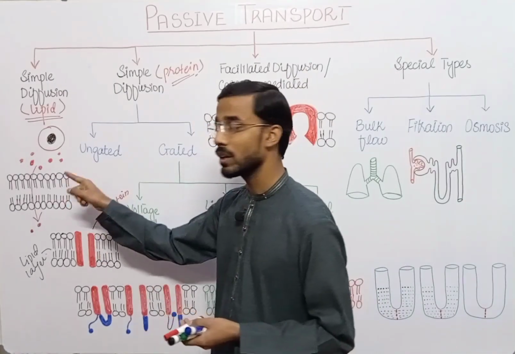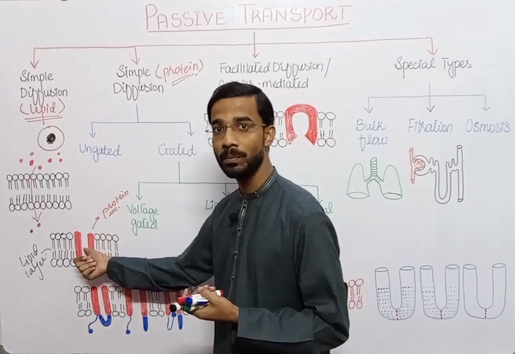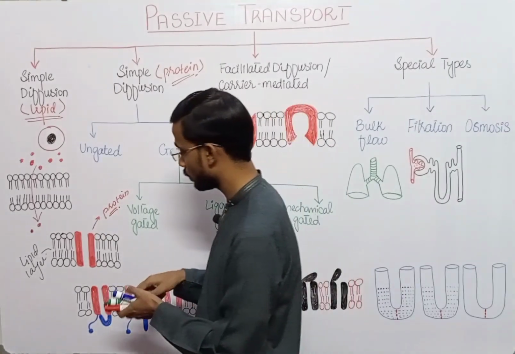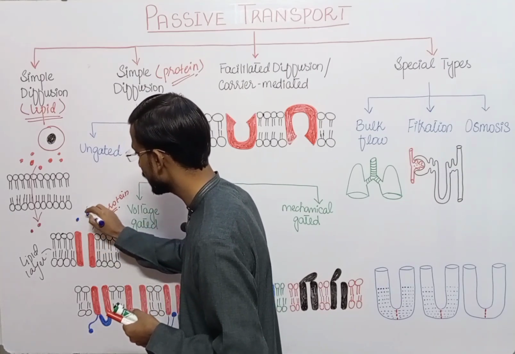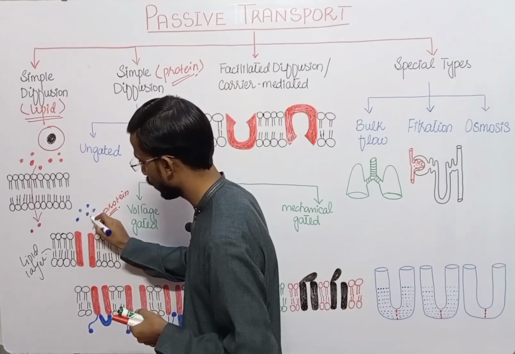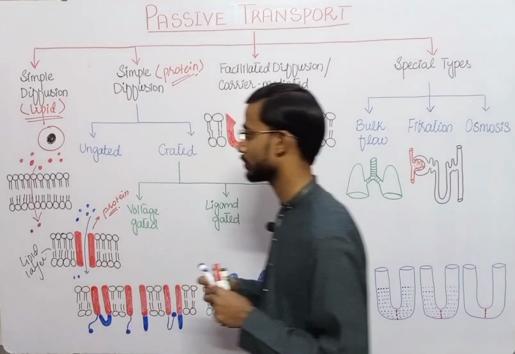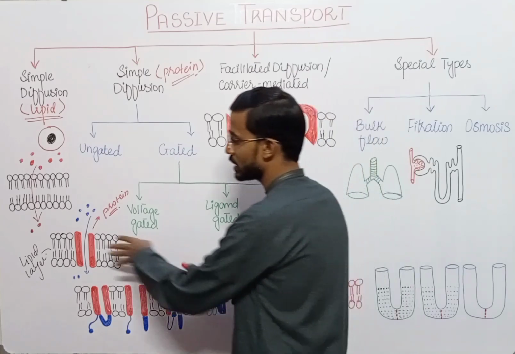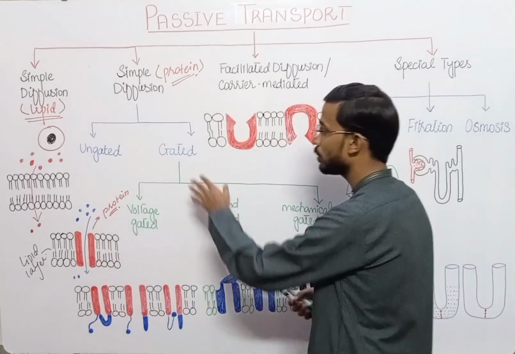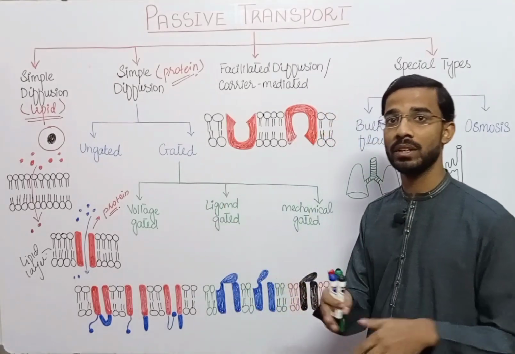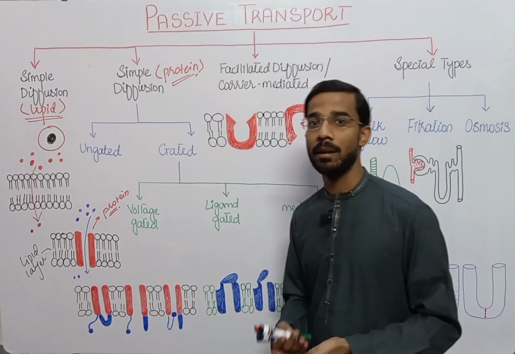Those molecules which cannot cross the lipid bilayer can adopt this path, and those molecules will move through this protein channel from higher concentration to the lower concentration. So these proteins have no gate. But if we talk about the gated protein, it has further three categories: voltage gated, ligand gated, and mechanical gated.